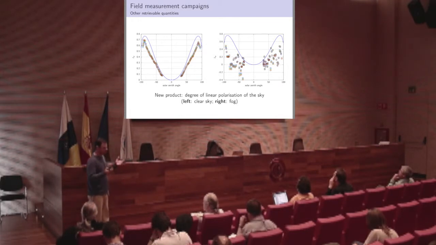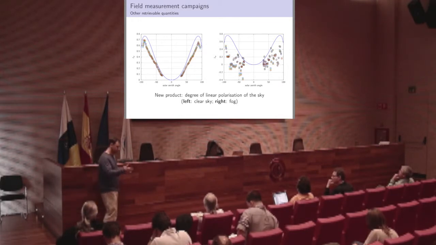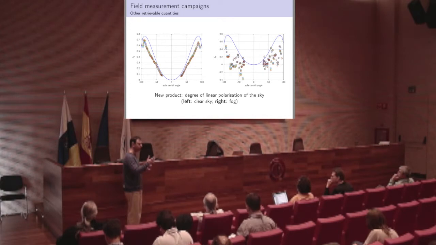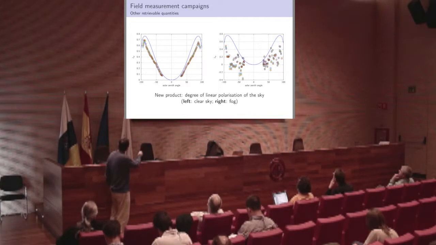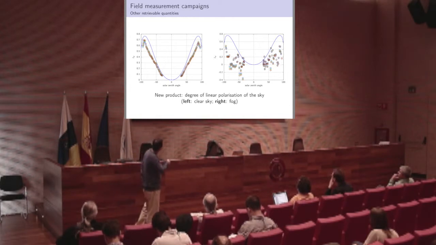Okay, you can play with the data. For example, since you have measurements at 2 different polarizations, you can also derive additional products such as the degree of linear polarization of the sky. And you see the difference between a clear sky, which is quite polarized at the zenith, and a foggy sky, which isn't polarized.